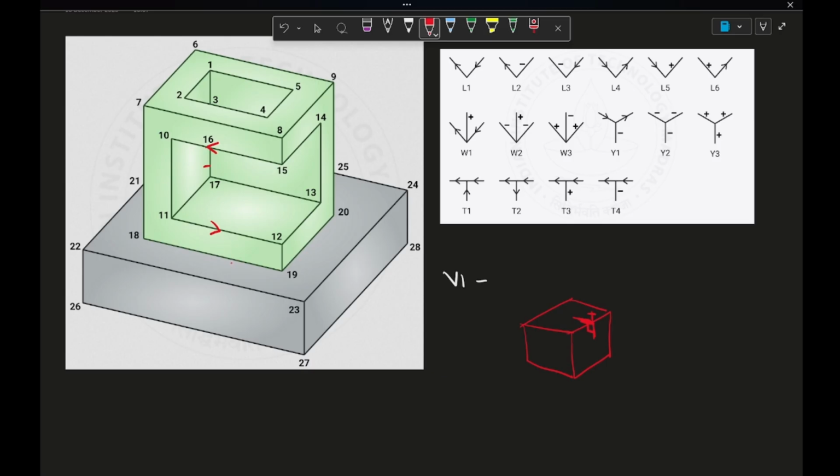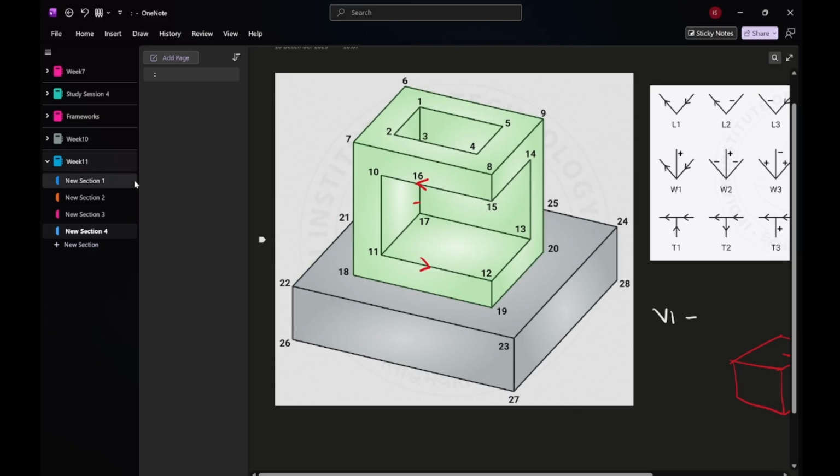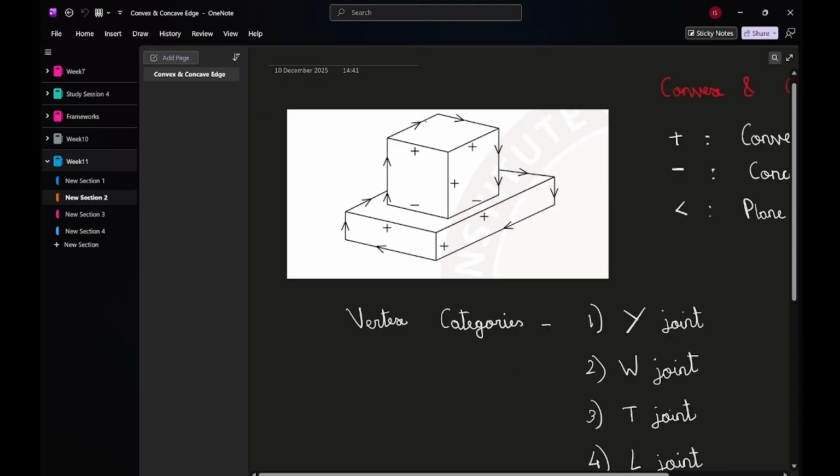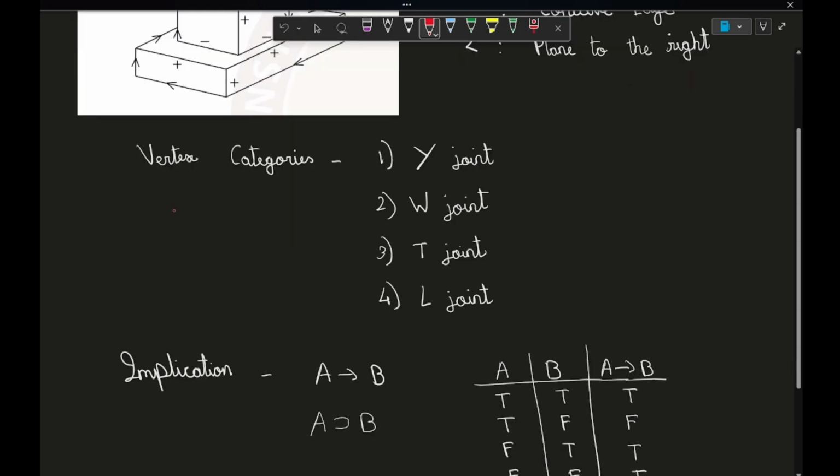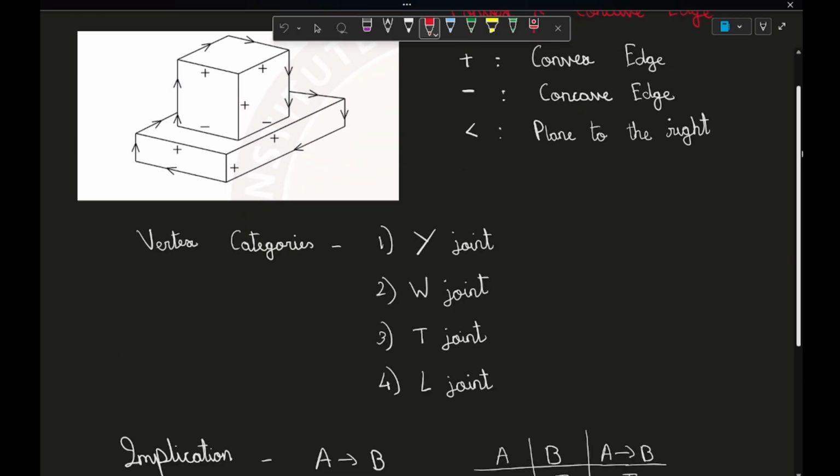I'm talking about the inside material. That's what's confusing me too. It should be on the same surface. My interpretation for an arrow is that there's a plane along this side.